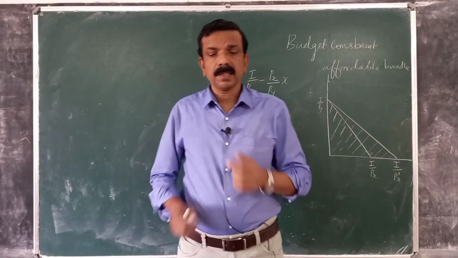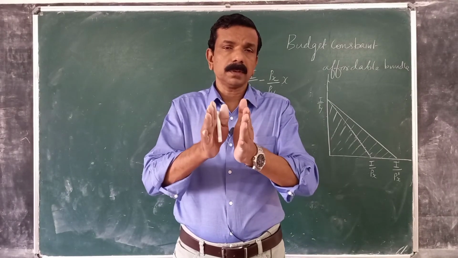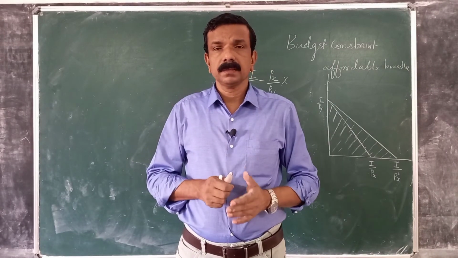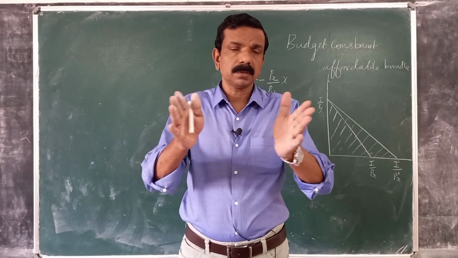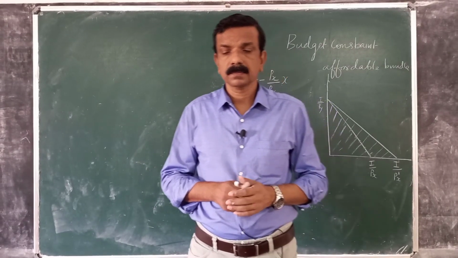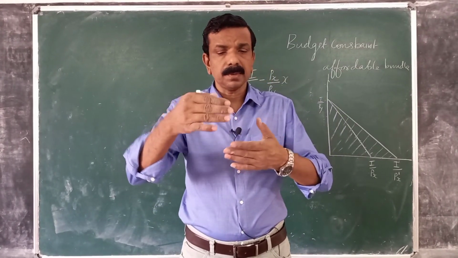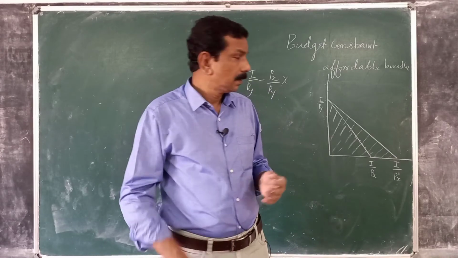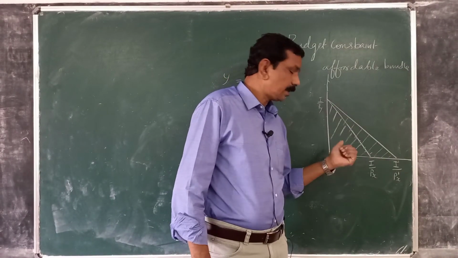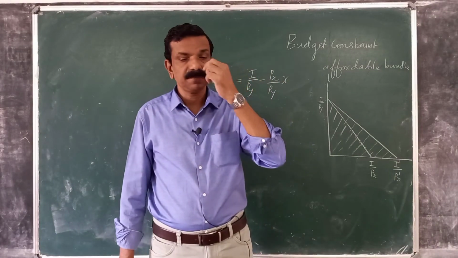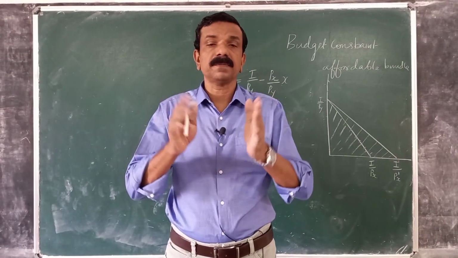Now, let us see what happens to the budget line when both Px and Py change at the same time. Suppose that both the prices double. If both the prices double, then both the vertical and horizontal intercepts shift inwards by a factor of 1/2.